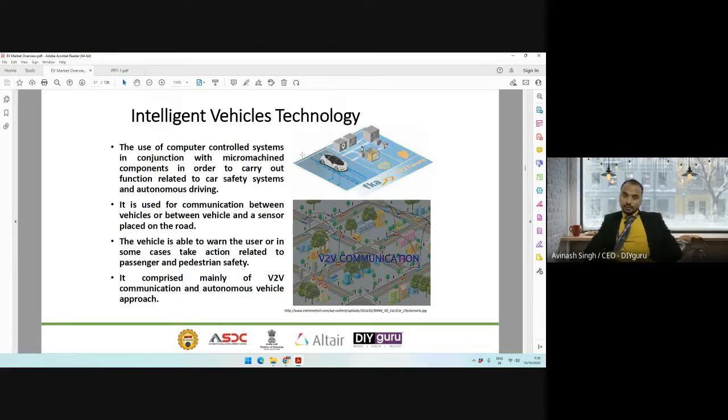The vehicle is able to warn the user or in some cases take action related to passenger and pedestrian safety, which we already have discussed about. It comprises mainly of vehicle to vehicle communication and autonomous vehicle approach, right? So ये आपको कुछ इसके features या advantages आ गए इसमें कि how do they communicate with each other and what all advantages we can get from vehicle to vehicle communication, right?